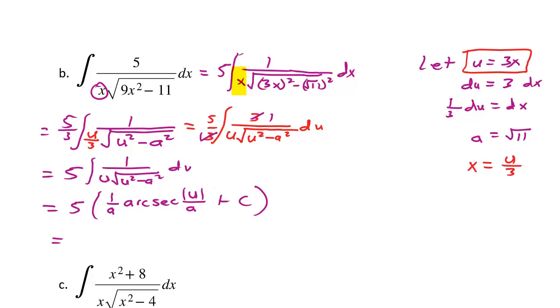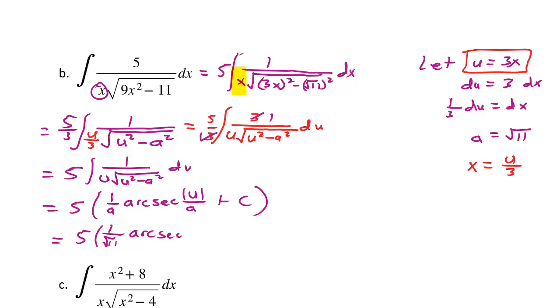Okay, so now I just fill in what I know for a and u. So this is going to be 5 times, let's put the root 11 on the bottom. So 1 over root 11 arcsecant.